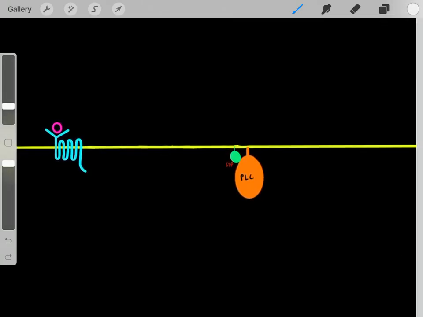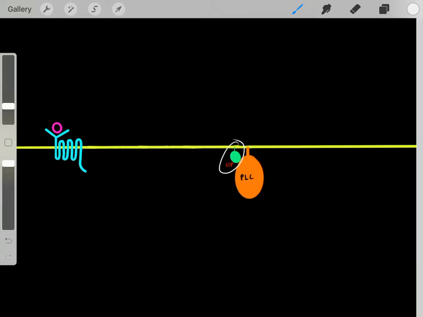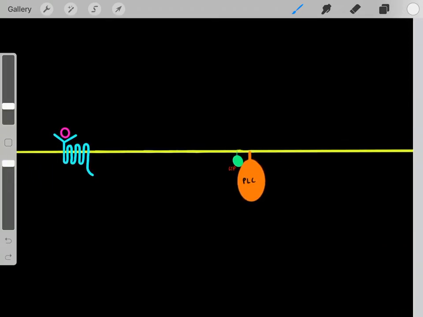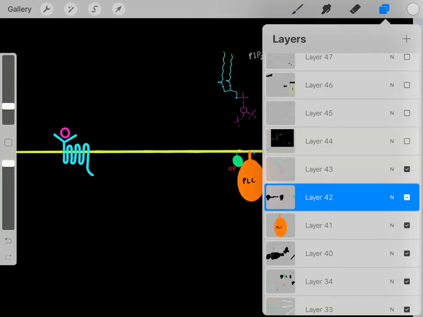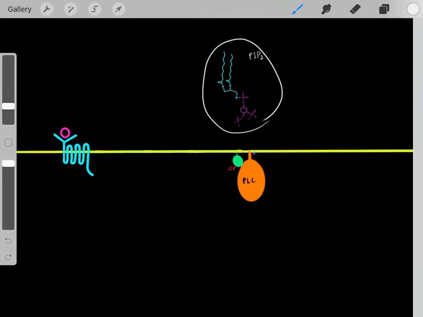And now that it's activated, it can act as a lipase. We see it's a phospholipase C, so it's a lipase. Once the activated alpha subunit activates this phospholipase C, it can create a secondary messenger. So how does it do this? Well, in the plasma membrane there are a lot of phospholipids, and one common phospholipid you'll see is this PIP2.